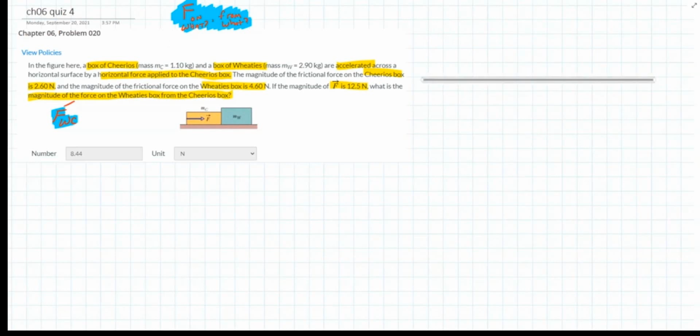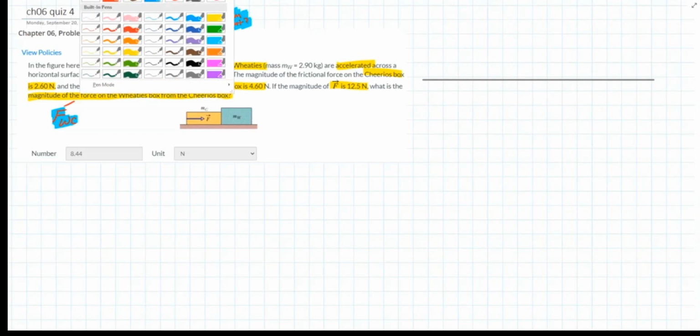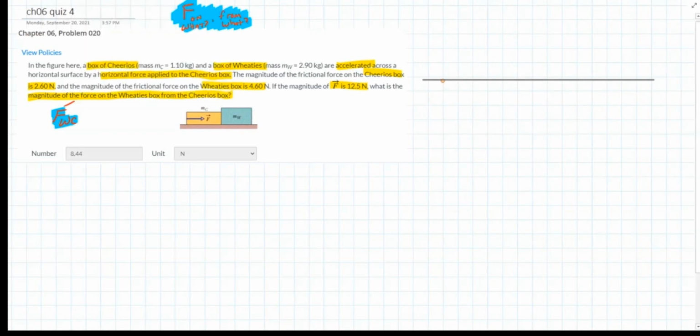Here's my Cheerios box right here. That's my Cheerios box. So let's talk about the forces acting on the Cheerios box.